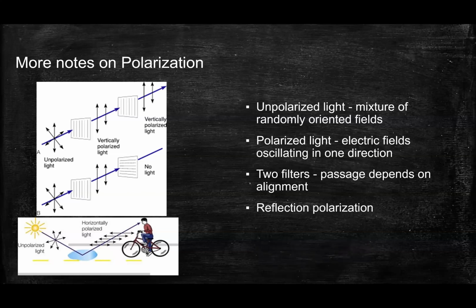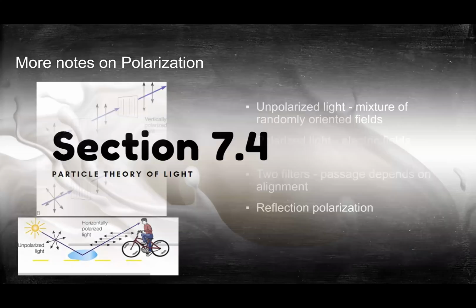And in the case of reflection polarization, that comes from things like lakes and rivers and oceans that he talked about, where most of that reflected light is along the horizontal plane. And so a pair of polarized sunglasses is going to take away some of those reflected horizontal fields and then reduce the glare for us.